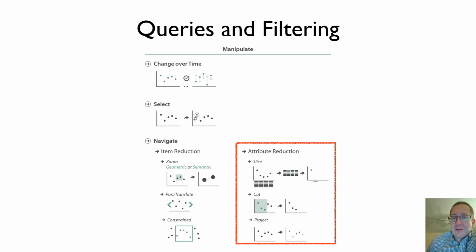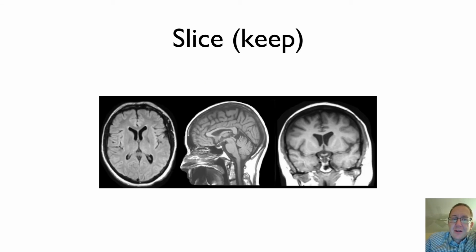Slicing and cutting, on the other hand. Slicing is normally: what if I kept all the attributes that I'm looking for at a particular time? Say I wanted to see highly active parts of the brain. I have a brain scan, like a PET scan, and I want to only show the parts of the brain that are highly active at any given time.